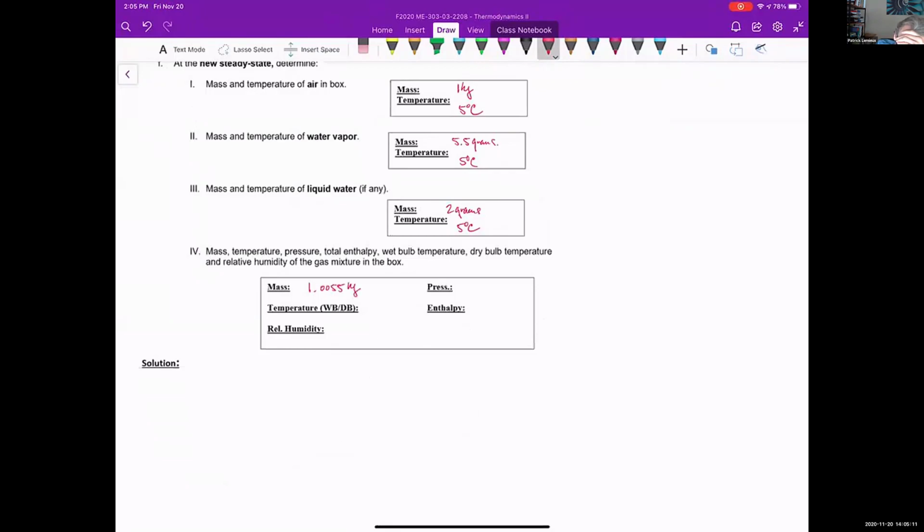The pressure hasn't changed. It's still 1 atmosphere. The enthalpy of that mixture is 19 kilojoules per kg of dry air. The temperature, wet bulb, dry bulb, is 5 degrees Celsius and 5 degrees Celsius. And the relative humidity is 100%.